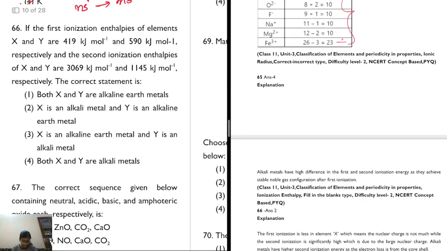66. If the first ionization enthalpies of elements X and Y are this and this, respectively, and for second ionization enthalpy of X and Y it is this. See, we already saw that for alkali metals, the first and second ionization enthalpies have a large difference. So they have much difference, so it is an alkali metal.